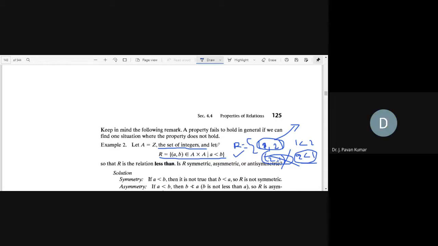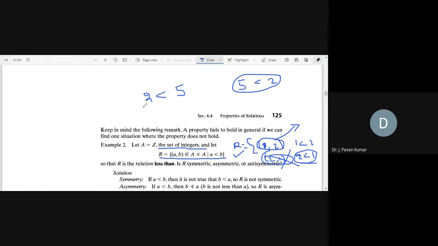Next, the asymmetric property. Asymmetric means, for numbers like 2 and 5, if 2 is less than 5, then 5 less than 2 should not be part of the relation. That is, if 2 comma 5 is part of the relation, then 5 comma 2 should not be part of the relation.